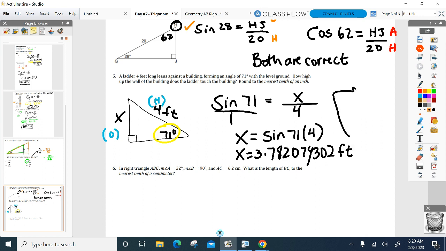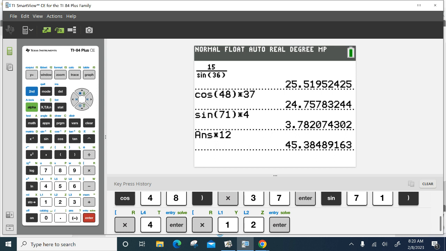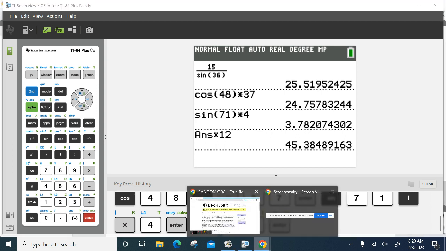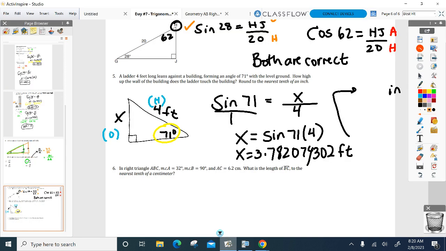I need to go to inches now. Do I multiply or divide it by 12? Multiply by 12. Good. And now I round that number to the nearest tenth. So 45.4 inches.